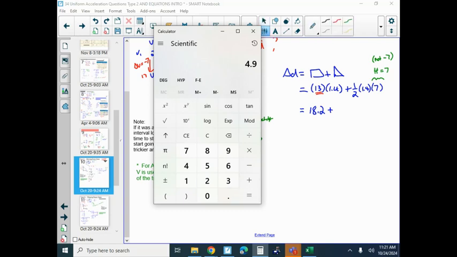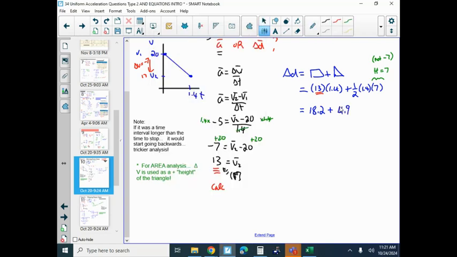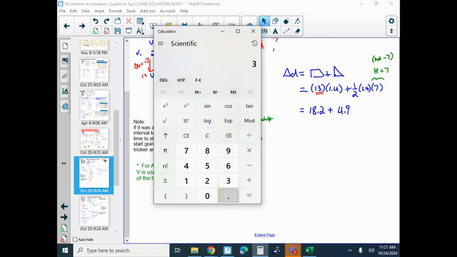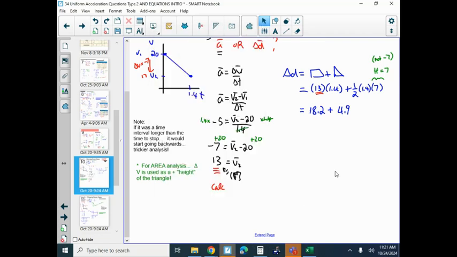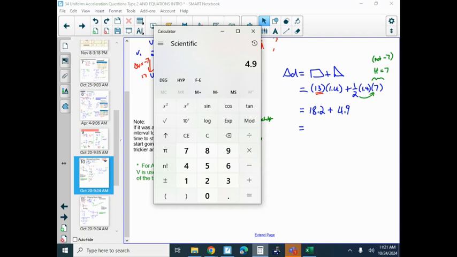Get 4.9. In case you don't believe me on that one, 3.5 times the 1.4, we'll give that same number. The half can go into the 7 easily, becoming a 3.5. Little math tricks are good to know, as long as they make sense. So we need to add that up. We got a 4.9 and an 18.2.